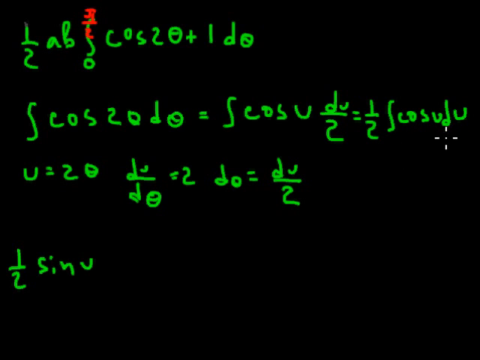That's it. And then we just need to do back substitution. u is 2 theta, so 1/2 sine u becomes 1/2 sine 2 theta. Okay, so this integral equals this, that's the value of this integral, so we can erase this.